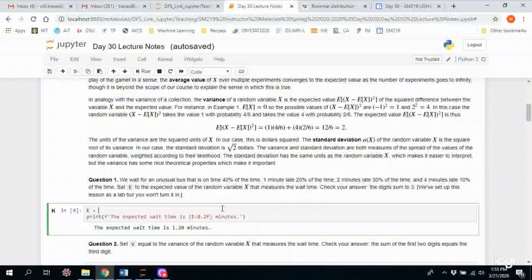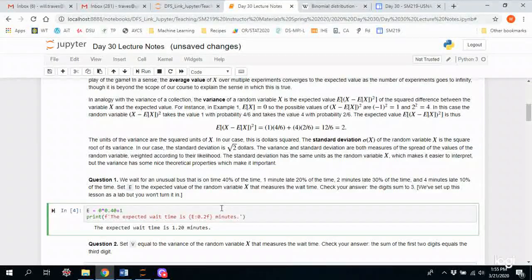And so what we have to do is sum up the values of the random variable. So for instance, 0 is one possible value, and we multiply it by the probability that the random variable takes the value 0, which in this case is 40%.